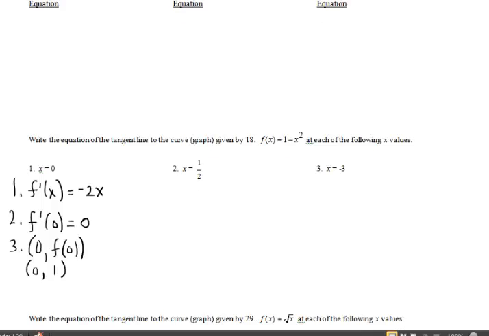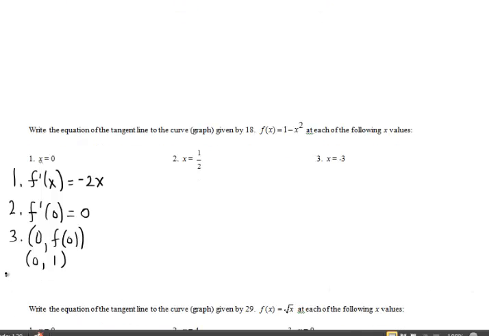Now we have everything we need to write the equation of the tangent line. That's our ultimate objective. To write the equation of the tangent line, we needed slope, which is 0, as indicated by this notation. We needed a point, an x and y coordinate, that we got right here. All right, so the point slope formula. You don't have to write this down every time, but I thought I'd just at least put the formula right here one time.